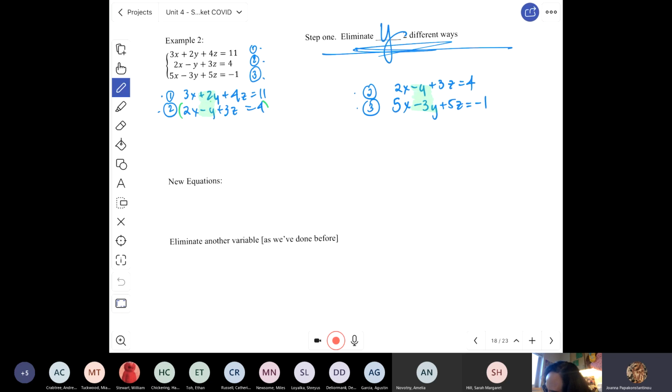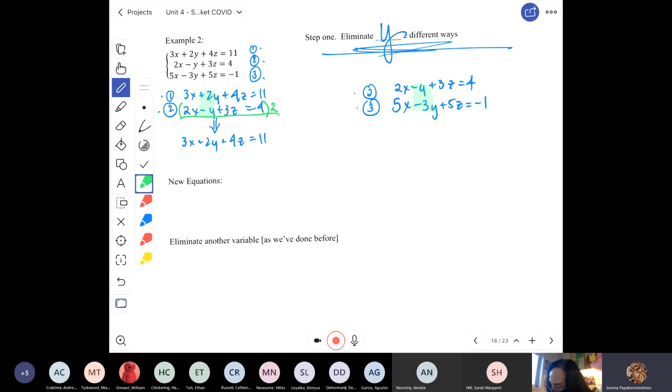Multiply by 2. Okay. Now, at this point, if you want to rewrite the system, you can. You don't have to if you want to do it in your head, but the more you write, the better it is for me to give you partial credit. So I didn't do anything to the first equation. I multiplied the second equation by 2.